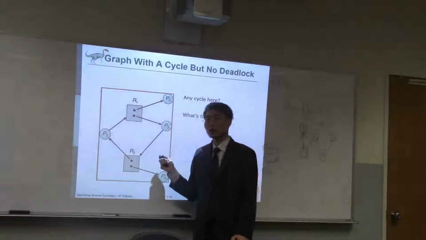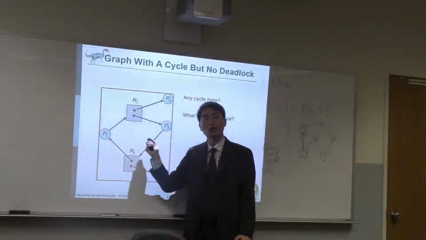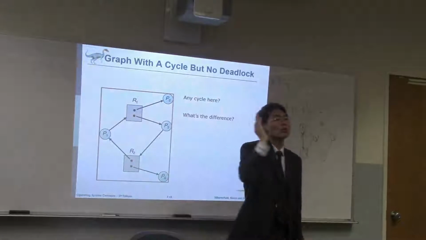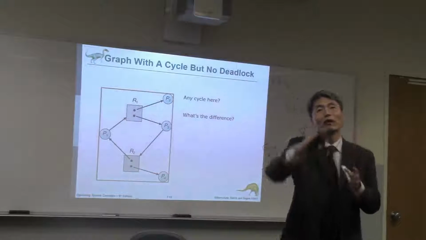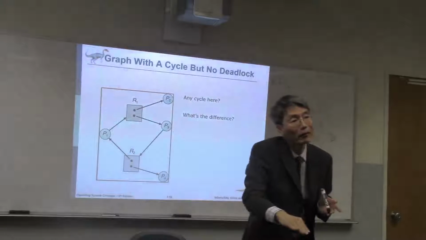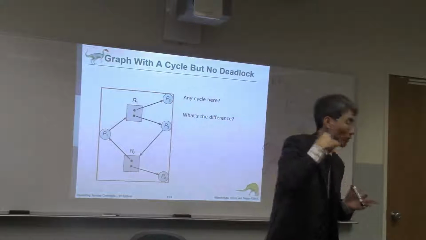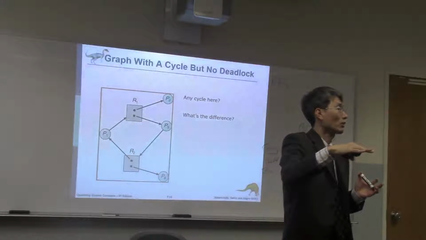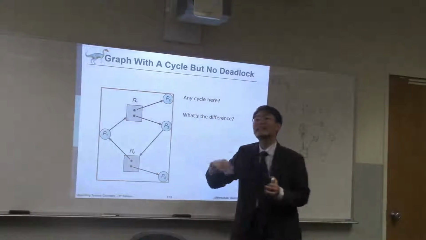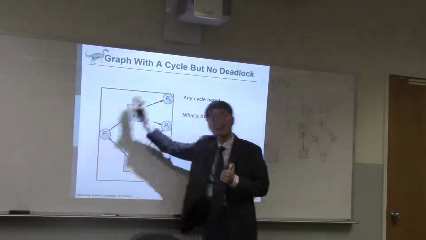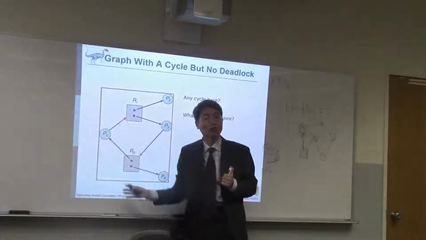So in general, even though we have circular waiting, and even though the resource allocation graph satisfies all 4 requirements, that is not always a deadlock. It's not an if-and-only-if case. In case of deadlock, it satisfies all the requirements.